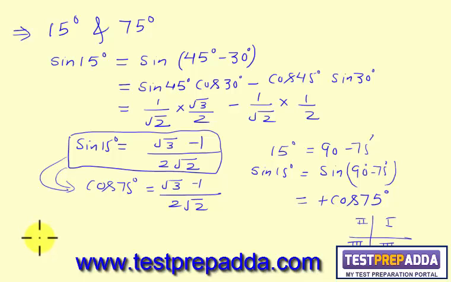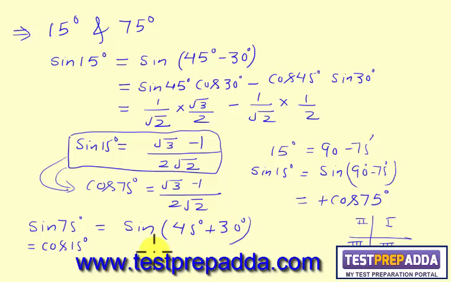Now, if I try to find sine 75 degree, please keep in mind that sine 75 this time will be equal to cos 15 degree. Sine 75 can be written as sine 45 degree plus 30 degree.